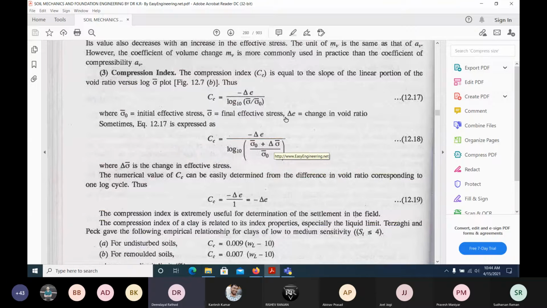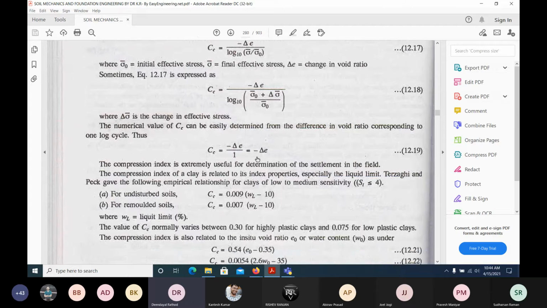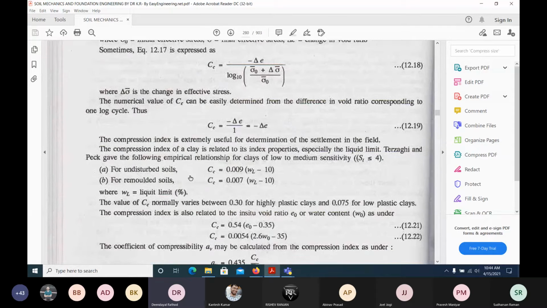The numerical value of Cc can be easily determined from the difference in void ratio corresponding to one log cycle, or generally the values are also given. Terzaghi and Peck related the compression index of a clay to an index property, especially the liquid limit.